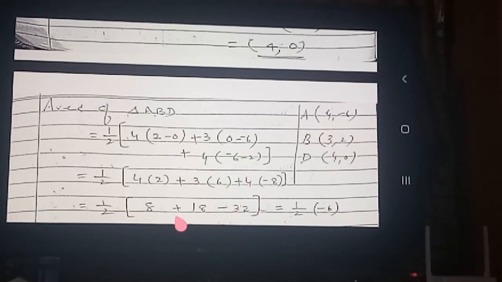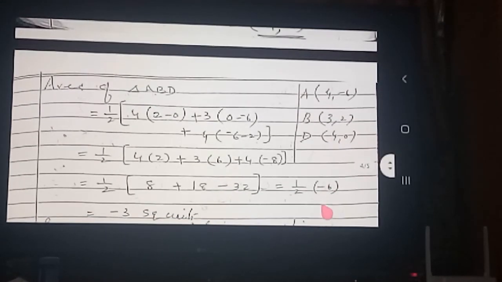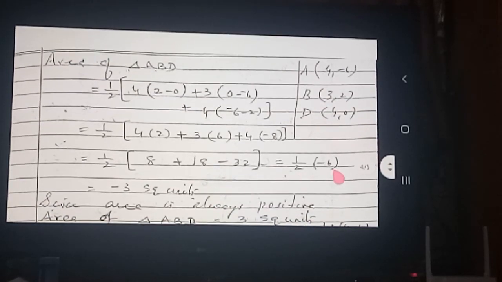So now add and subtract wherever you need. 18 plus 8, how much coming? 26. 26 minus 32, so how much getting? Minus 6. Half into minus 6. Half of minus 6, how much will come? Minus 3 square units.